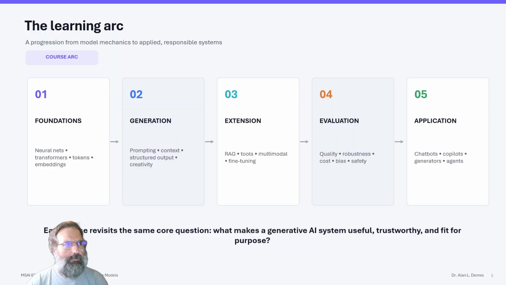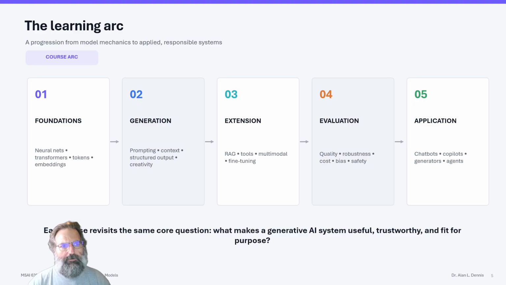We go through some foundations, going over a bit of the internals of how these things work, a bit of statistics, a bit of large language work. In order to do large language models, you need to understand how neural networks work, and how we use transformers to do some pretty amazing stuff. What is a token and what's an embedding? Those are key words to understand.